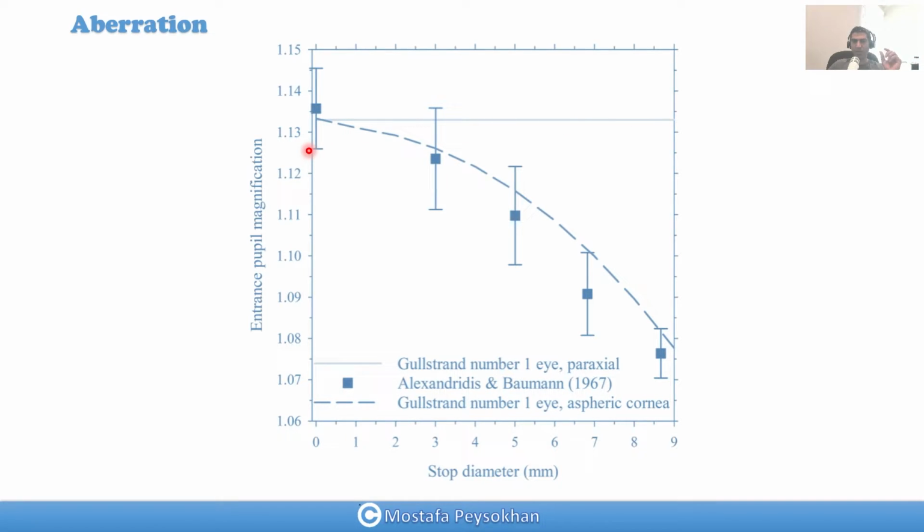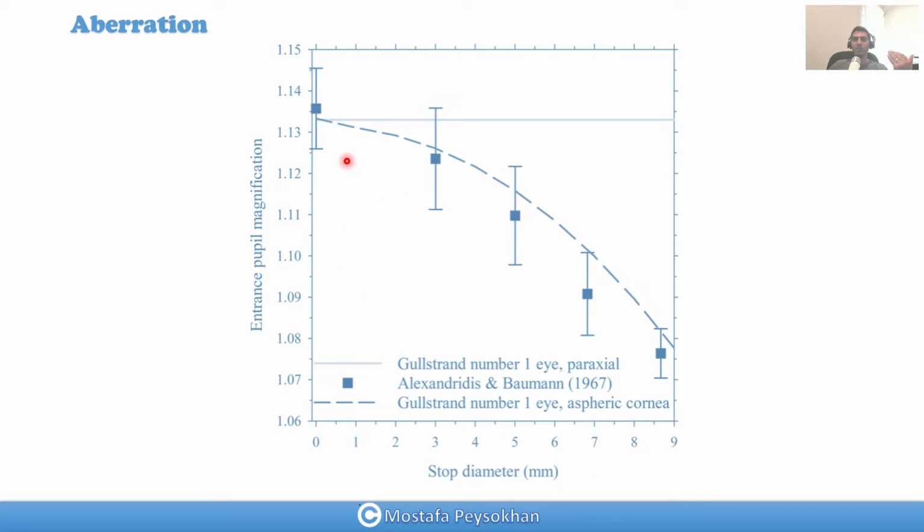So we have a small amount of magnification, but based on a more accurate model, we should have something like this: when the pupil size gets bigger, you have distortion aberration, and that distortion aberration itself causes a decrease in magnification.